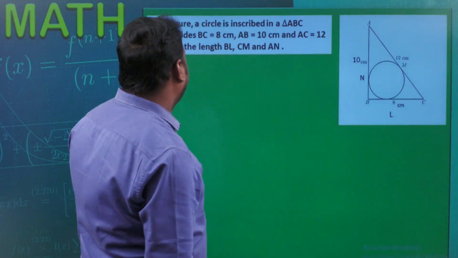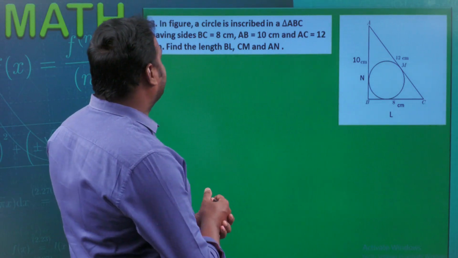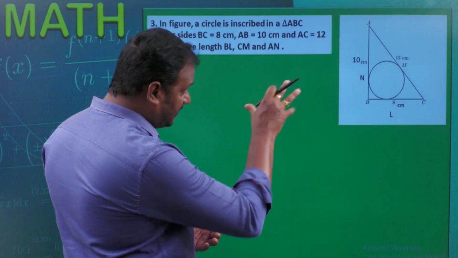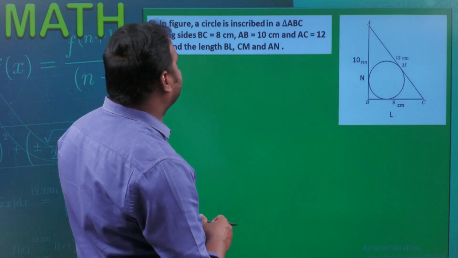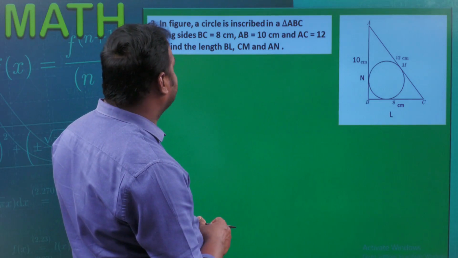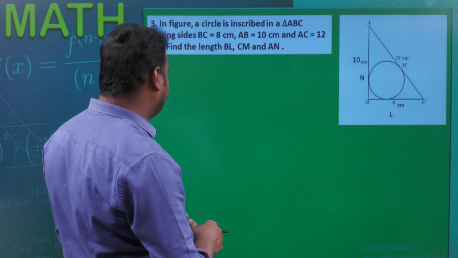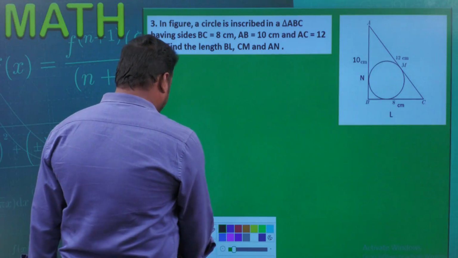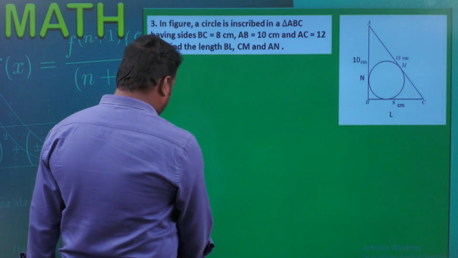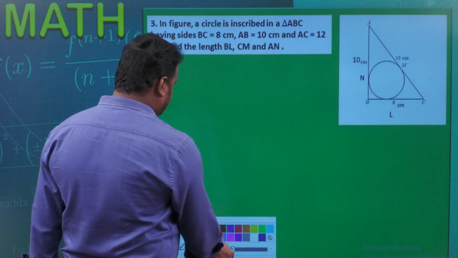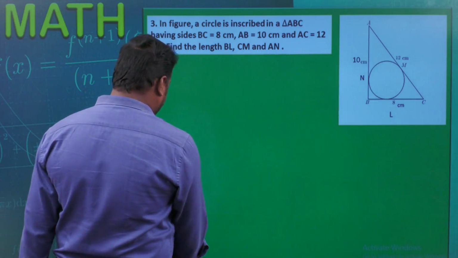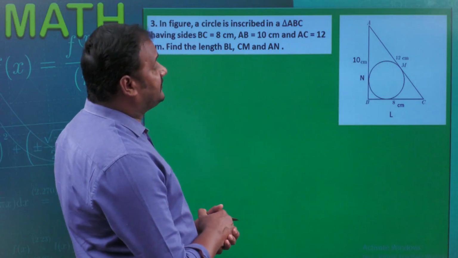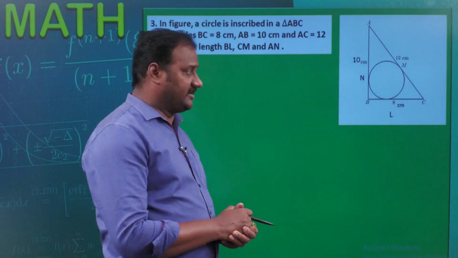Right, next. In the figure, a circle is inscribed in a triangle, that is what is called an incircle, such that BC is equal to 8, AB is equal to 10, AC is equal to 12. Find the lengths BL, CM and AM. This is a quite interesting problem. I am going to answer it using just two properties: the radius is perpendicular to the tangent through the point of contact, and the lengths of tangents drawn from an external point of a circle are equal.